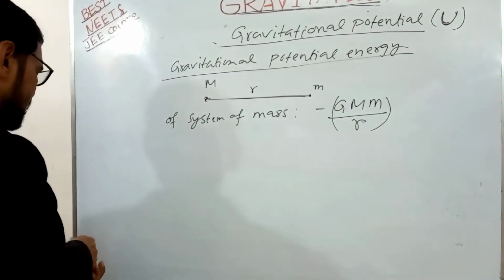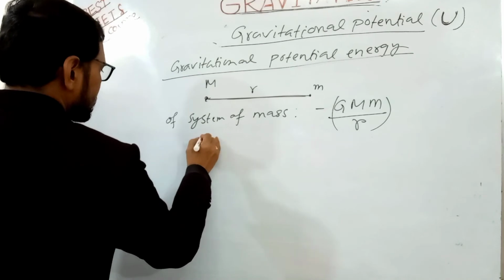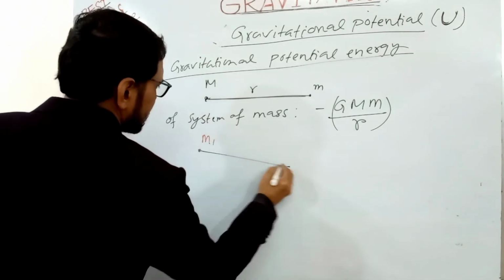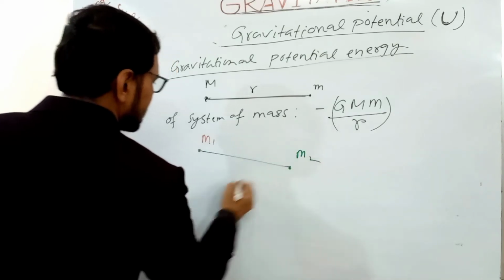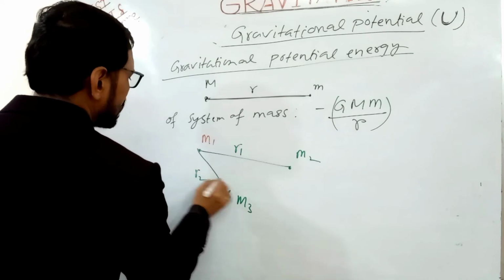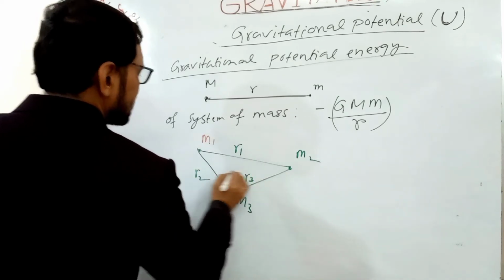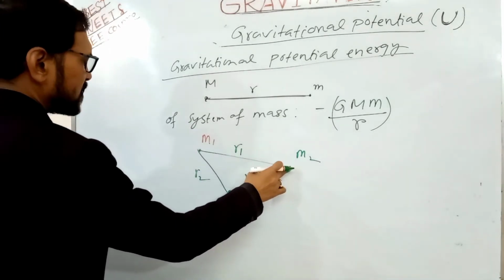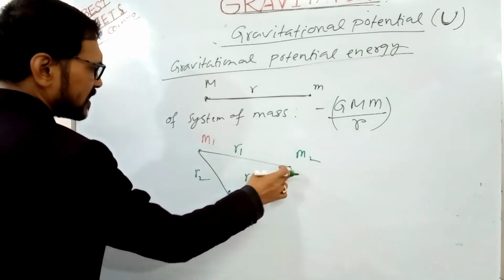Now if there are three masses, suppose here is a mass m1, here is a mass m2, here is a mass m3 present. Suppose the distance between these two masses is r1, this one is r2, and this is r3.